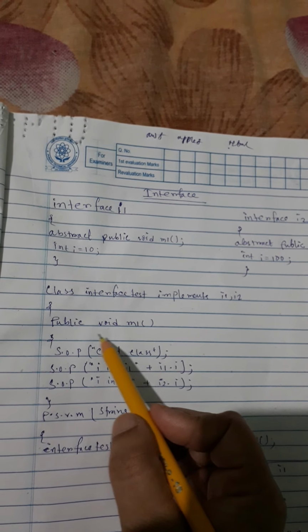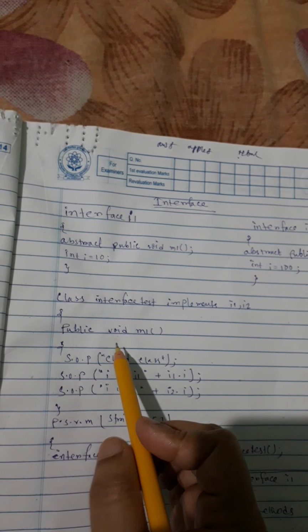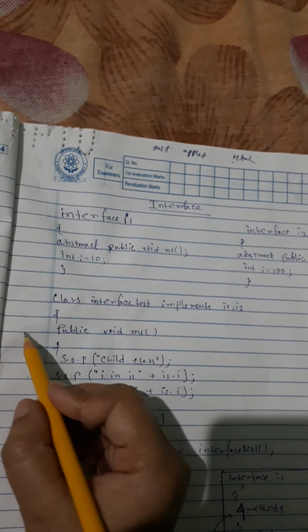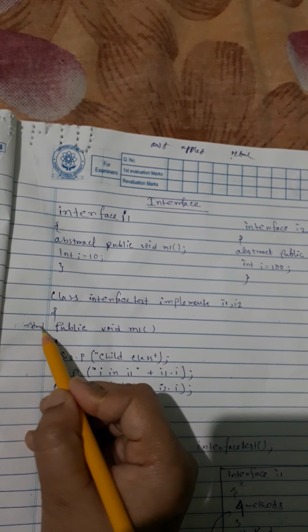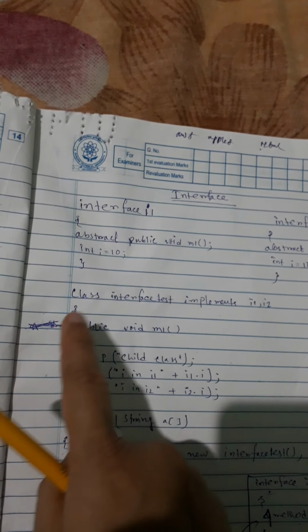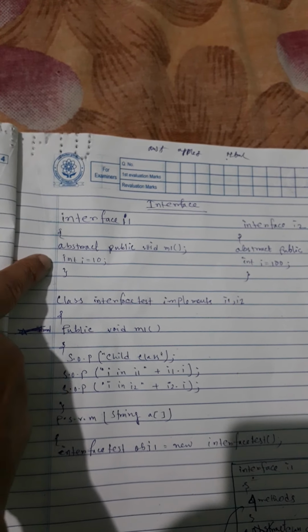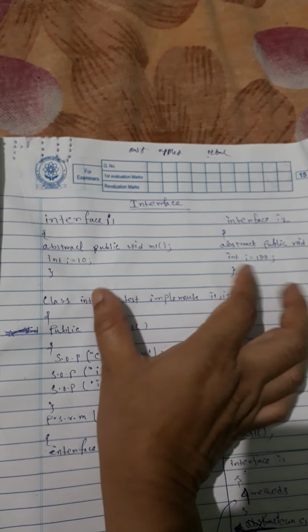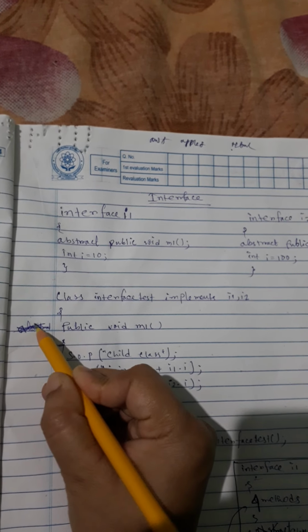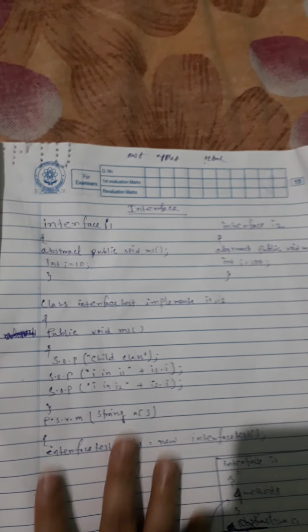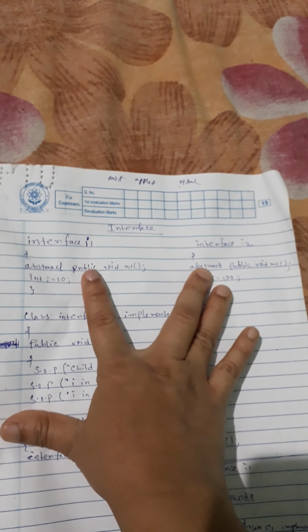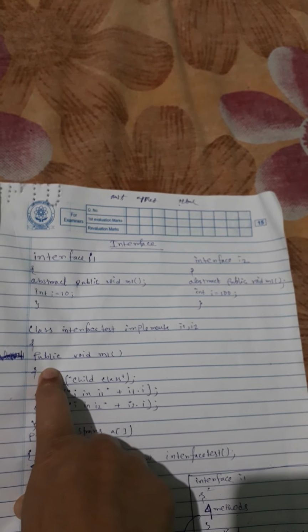Here you can see public void m1 without abstract, meaning no abstract is written, so we have to take all the methods written in the two parents.